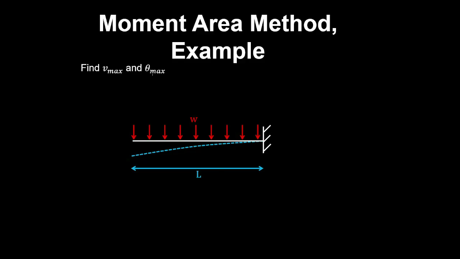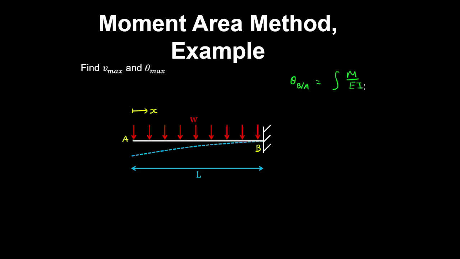Let's find the maximum deflection and rotation for this beam. Well, if we choose our coordinate x going to the right, and this point is A, and we have point B at the support, then the rotation at B relative to A is equal to the area under the curvature diagram.